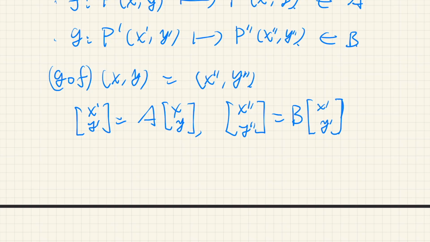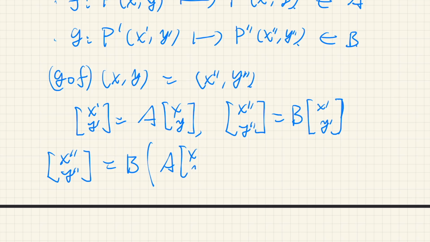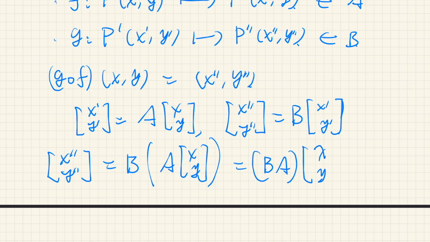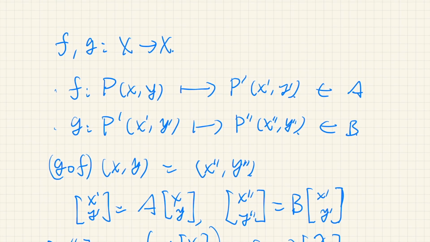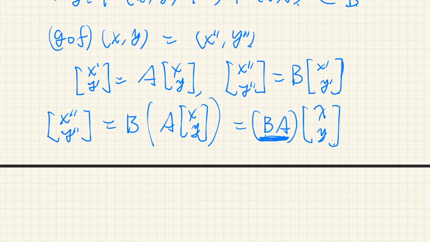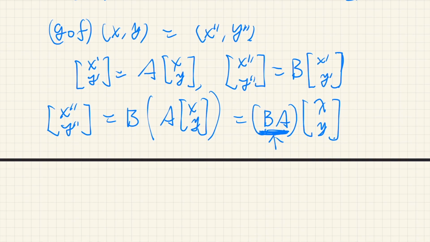So if we combine these, then we have (x double prime, y double prime) is B times A times (x, y), which is BA times (x, y). So here we use the matrix product, B times A, which we will define in later videos. But anyway, the composition of two linear maps can be represented by a matrix product.